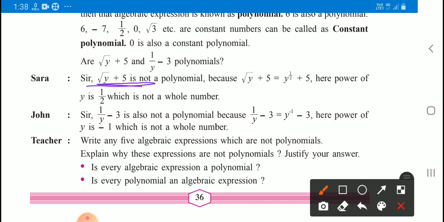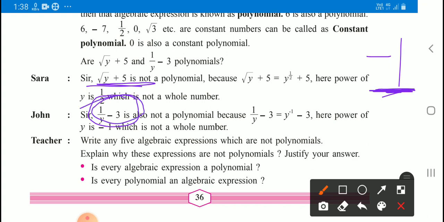Okay. Now next, John said, sir, 1 upon y minus 3 is also not a polynomial because y is in the denominator place, and if we take it to the numerator place, then the power of y will become negative 1, and negative 1 is not a whole number, so the given expression is not a polynomial.